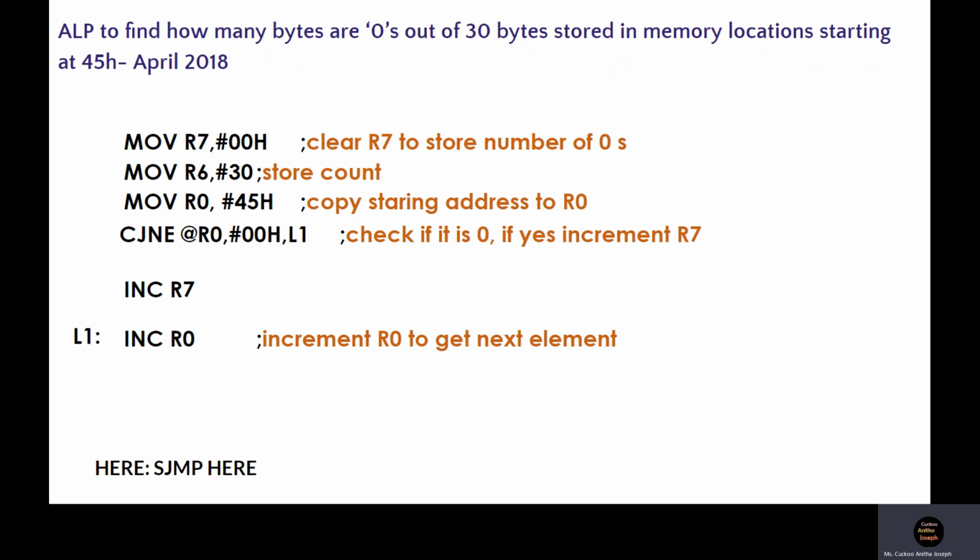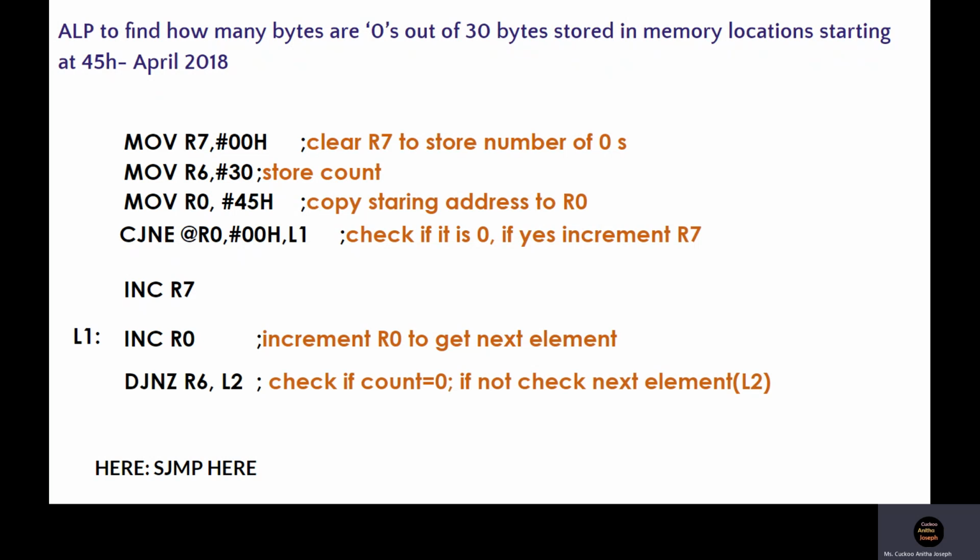So which instruction can be used to decrement the count register and check whether its content is equal to 0? The DJNZ instruction along with the count register. DJNZ R6, L2. If the count is not 0, we will go to L2 where we will perform the next comparison. So L2 should be given as the label of the CJNE instruction.